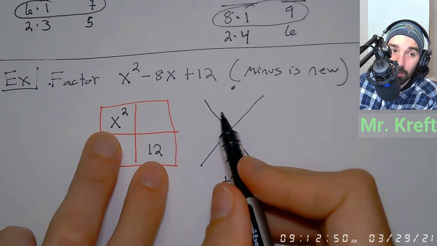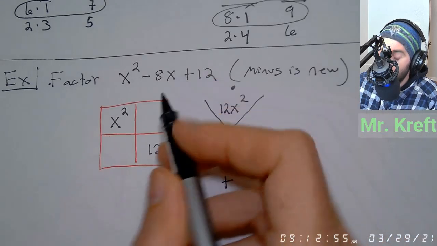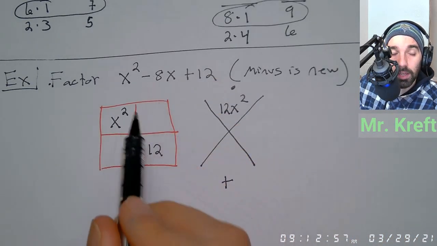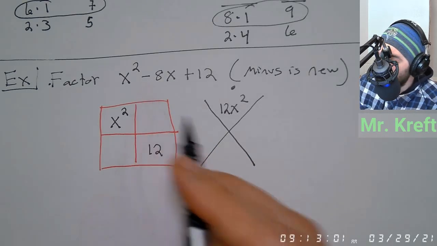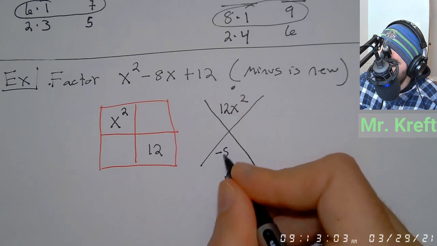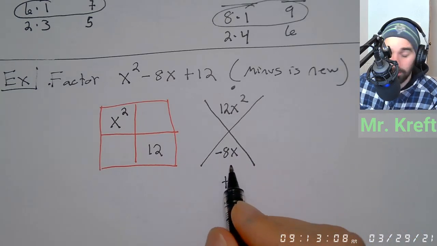My multiplication is still going to be 12 times x squared. But when I pull this number down, we have to take with it the negative sign out in front. It says minus 8, so when I go down here, you see how I put the negative 8x.